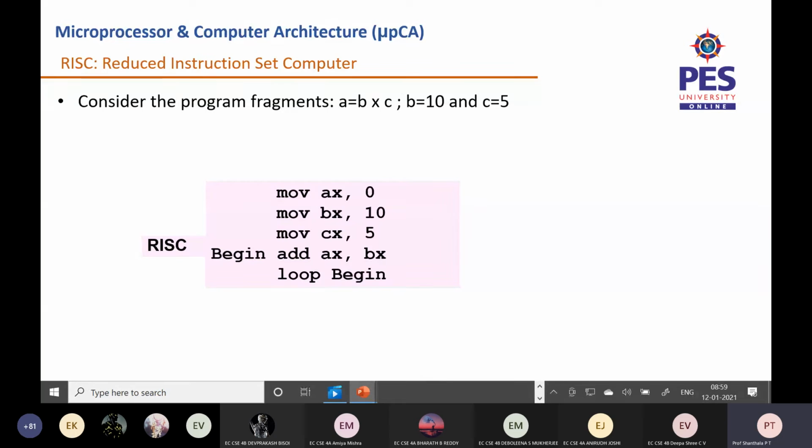Move bx, 10. I mean 10 and 5 are moved to B and C. Then we are using a loop also. Add ax, bx, loop, and again we go back to the loop. So in the loop, I add B to A. For this, you can consider it is A = B + C.